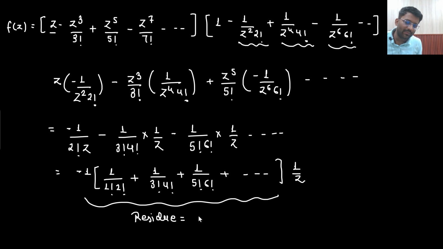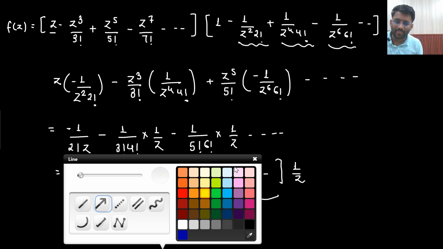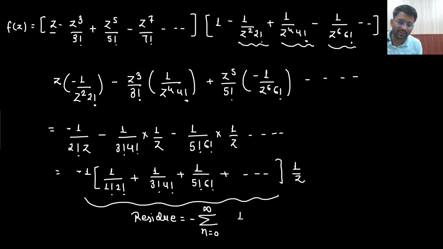It is the summation of some terms, right? What are those terms? n going from 0 to infinity, minus sign outside, 1 upon 2n plus 1 factorial, 2n plus 2 factorial.